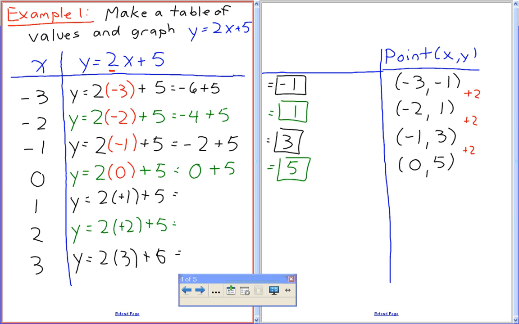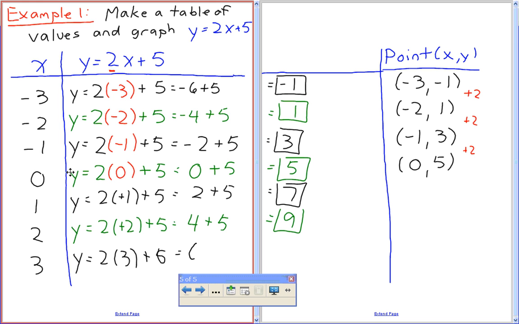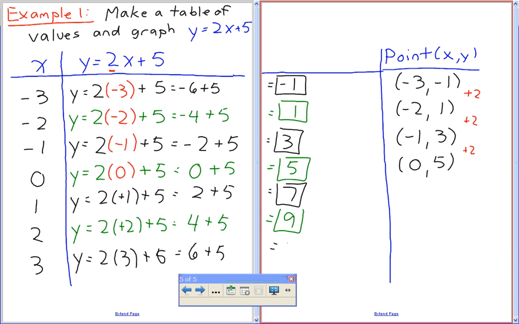The first one is 2 plus 5 equals 7. The next one is 4 plus 5 equals 9. And finally 6 plus 5. This turns out to be 1 comma 7, 3 comma 11.